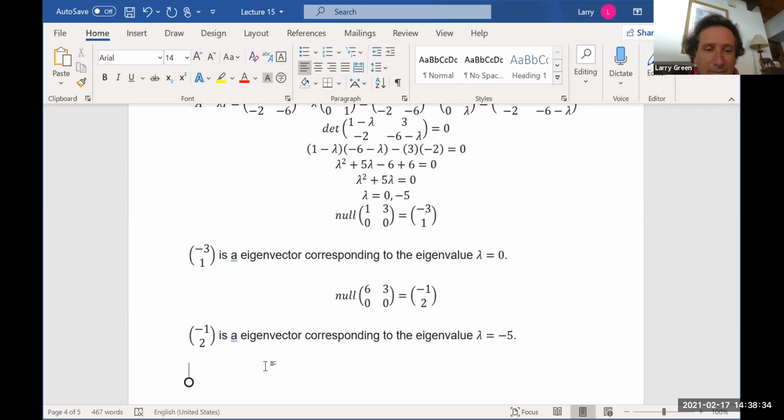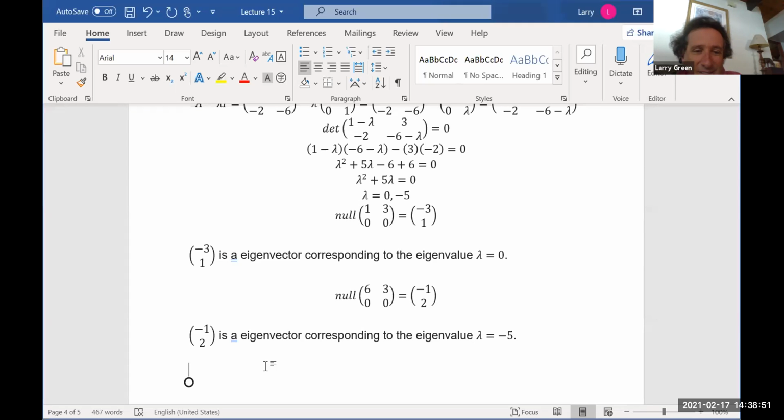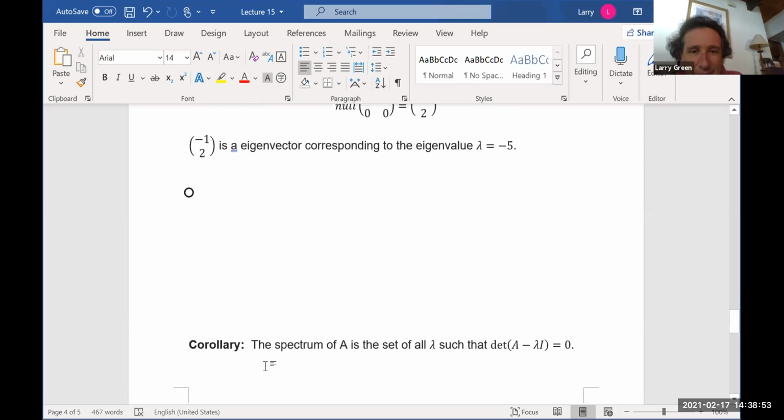Is that clear? So that's geometrically what's going on with 2 by 2. 3 by 3, same idea, but now you're talking in 3 dimensions. As soon as you move to 4 by 4, it's hard to talk geometry. Do you agree? We don't have a good language for 4-dimensional space, but you can do it.